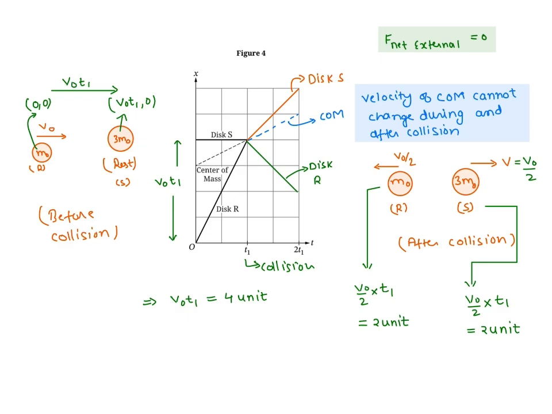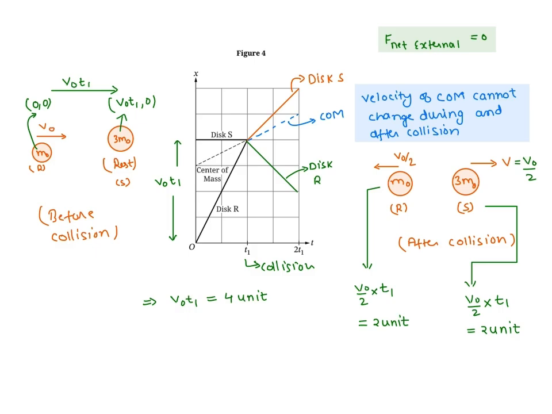Now this m naught was moving with velocity v naught by 2, but towards the minus x direction. So velocity is v naught by 2, time is t1. So I can again say v naught t1 by 2 is nothing but 2 units.